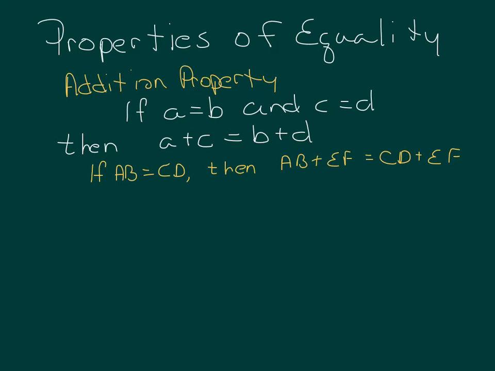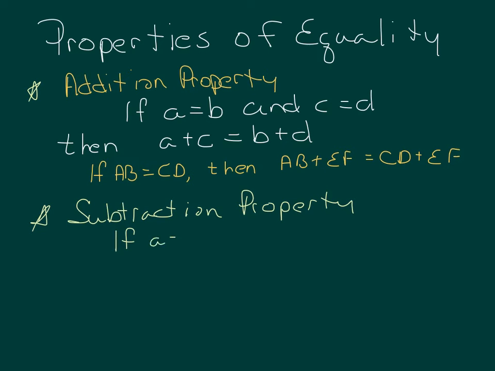Similar property, we had the addition property, now the subtraction property. And this is a property of equality. If A equals B and C equals D, then we can say that A minus C equals B minus D. Okay.